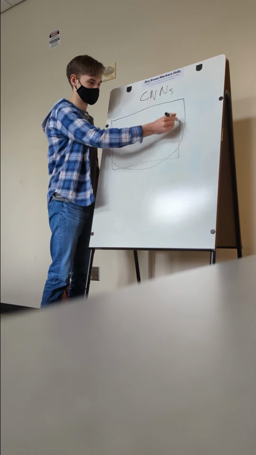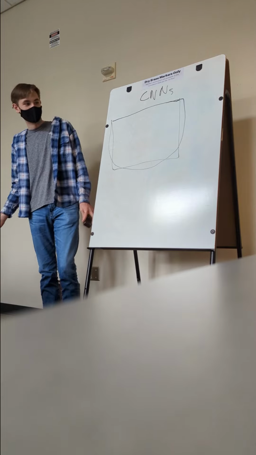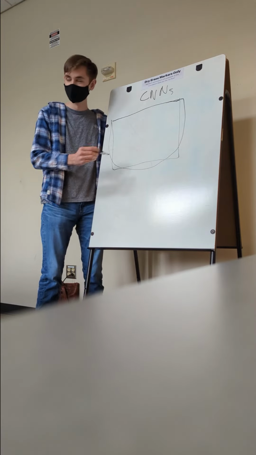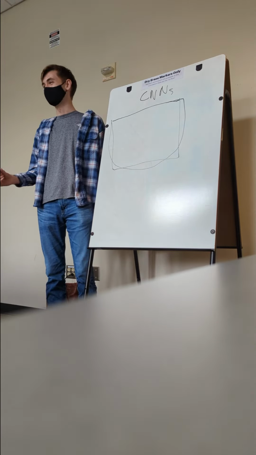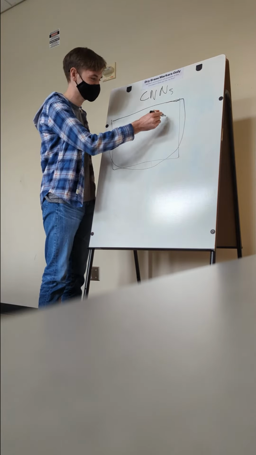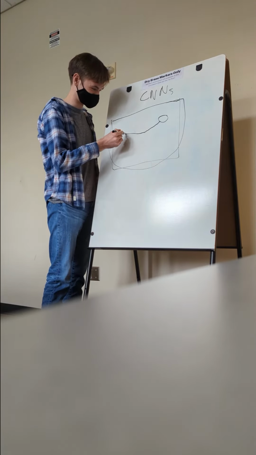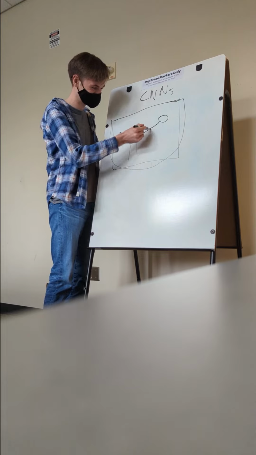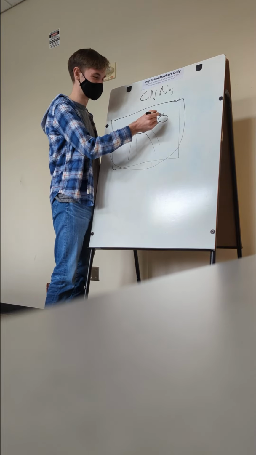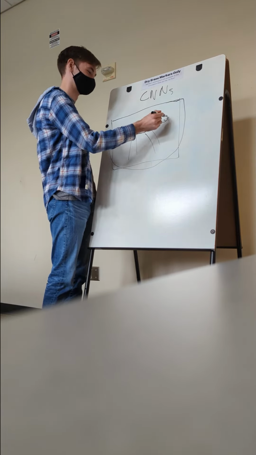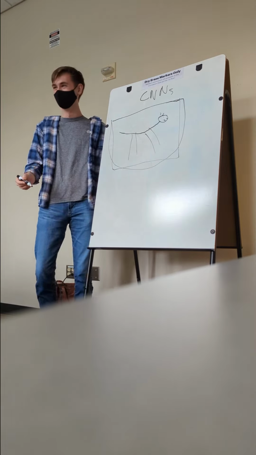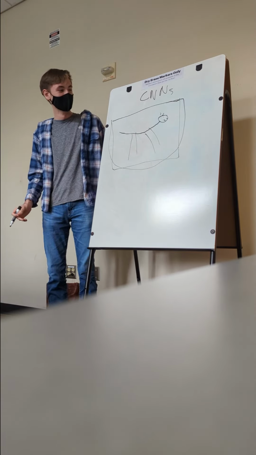This is a big square. Say it's an image of a cat. I'm going to attempt to draw a cat right now. Okay. We got the head. There's our cat. It's got whiskers.